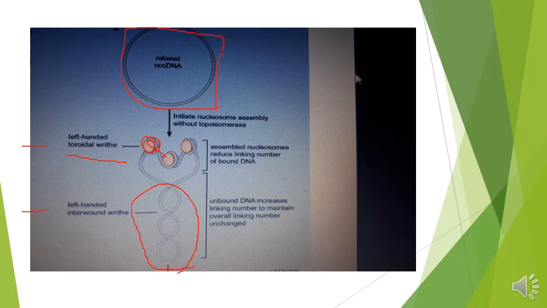Why? Because exactly as we said, the linking number should not be changed. So this negative value will neutralize the positive value. So the overall linking number is unchanged. It is true that there will be some changes in linking number locally, but overall the linking number will be unchanged.